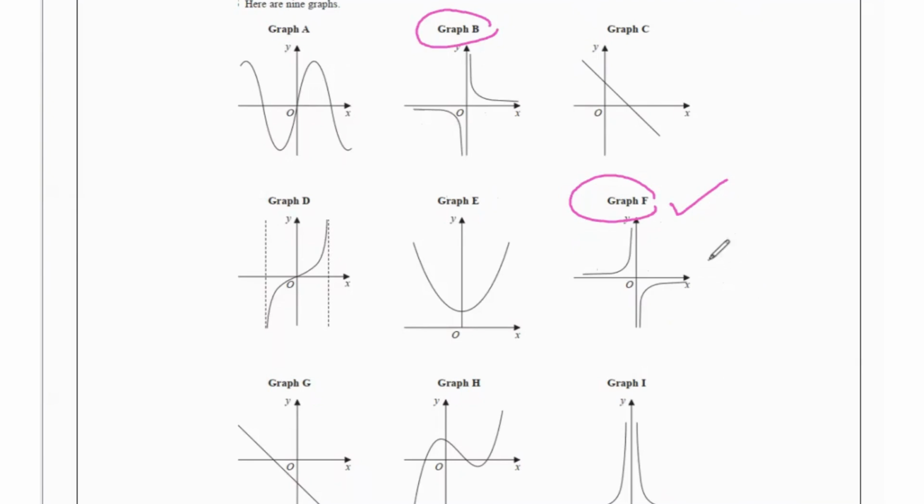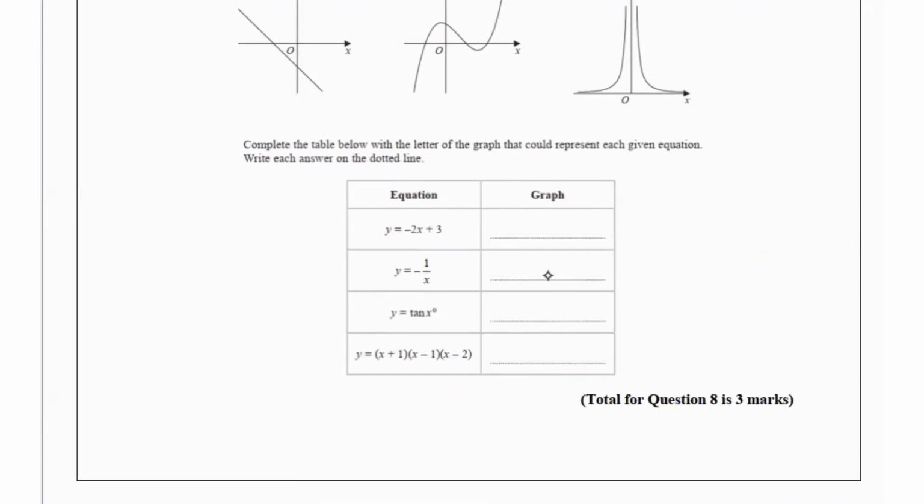Hence, this is exactly why graph F is for y equals negative 1 over x, whereas graph B would be y equals positive 1 over x. So these are your rational functions.